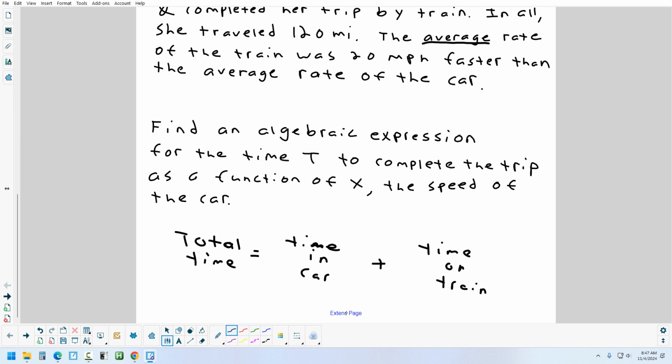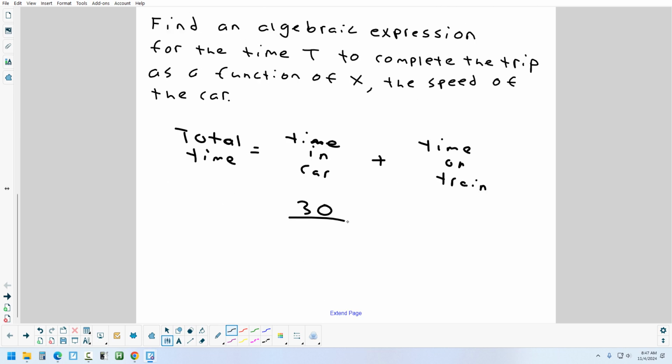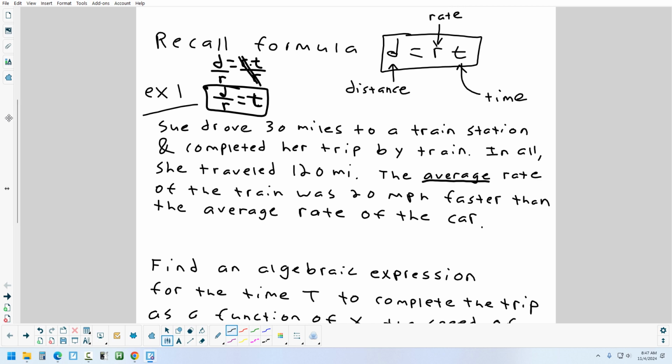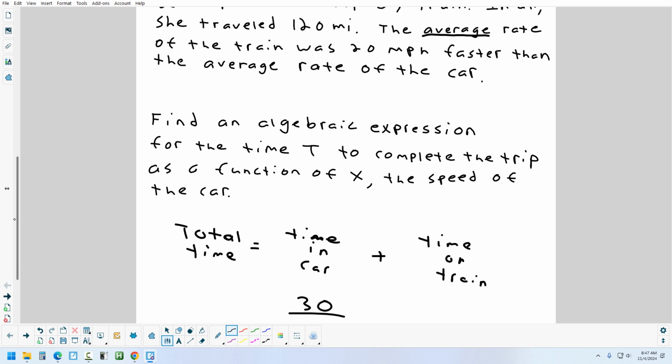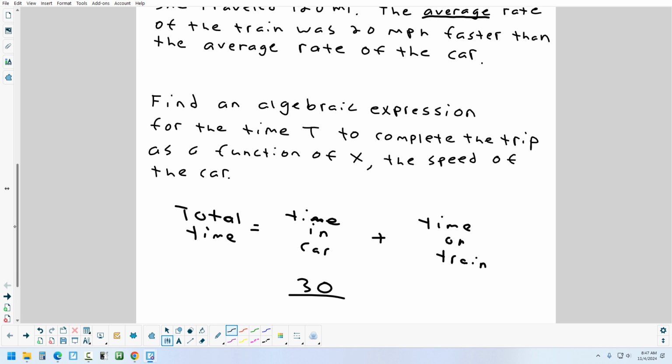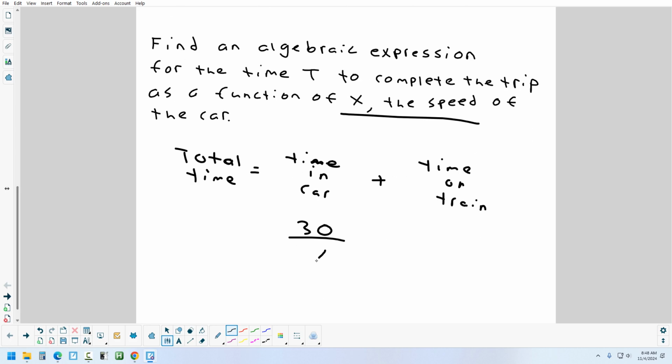Now if you take distance and divide by speed, you get time. What's the speed of the car in this problem? We don't know it, but we have a way to represent it: x. x is the speed of the car.